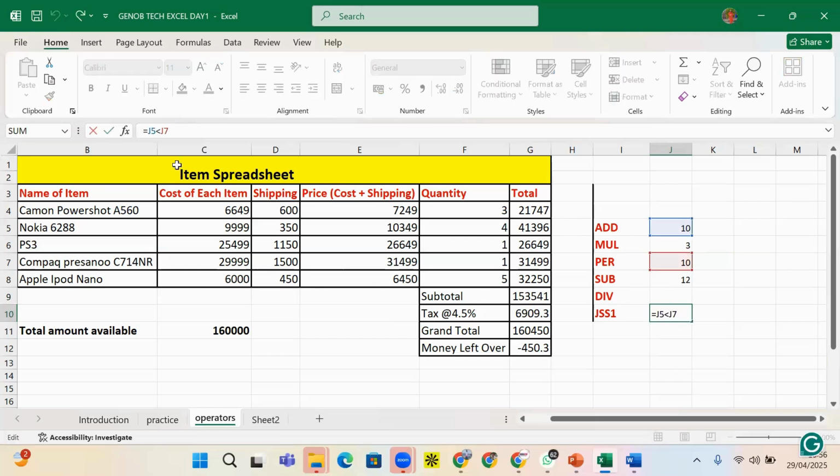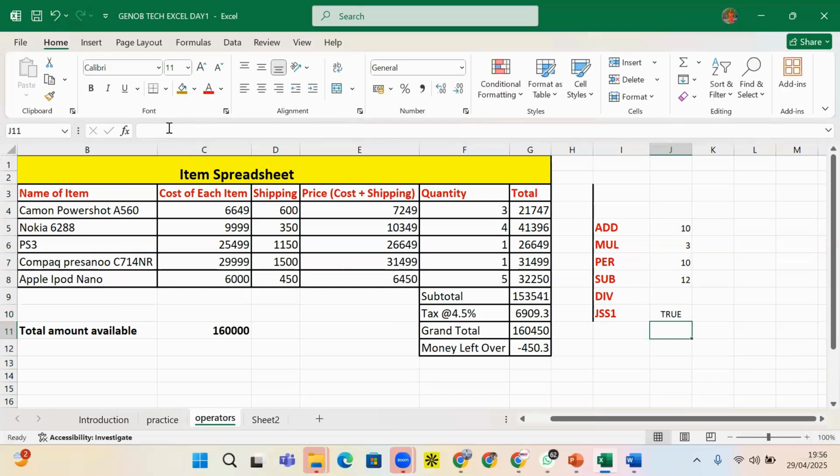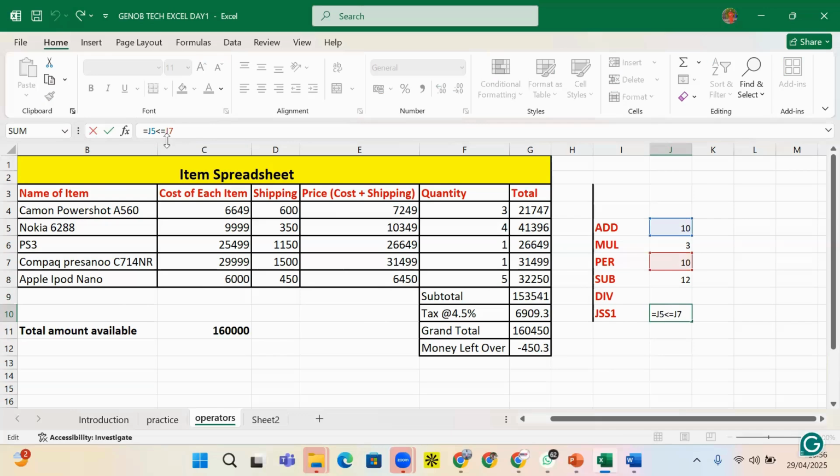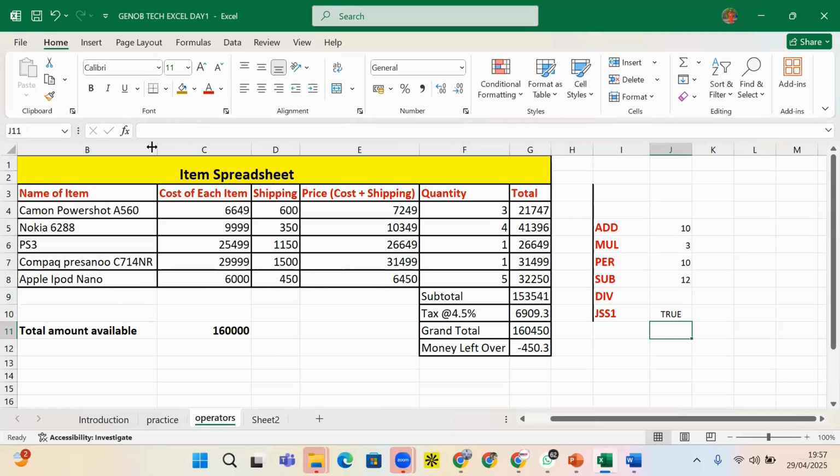True. Either way is true, right? Okay, less than or equal to, it is definitely true. It is not less than, but it's equal to, right? But if I remove the equal to, definitely it will be false. So let's use greater than or equal to and see. It will still be true, because they are equal. But if I remove the equal to and leave greater than, definitely it will be false.